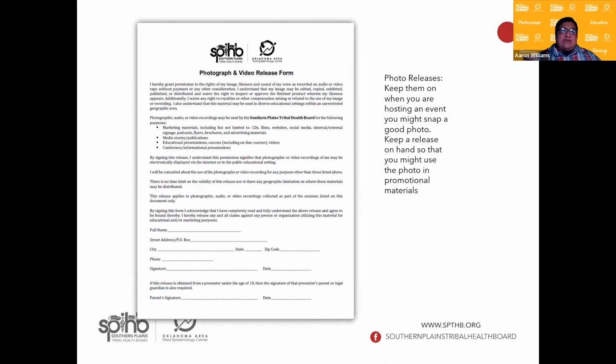You say, oh, it's just standard language saying that we have your permission to use your image and likeness in advertisements and yada yada yada, and just have them sign the bottom part. It simplifies it, because if people start reading it, they'll start thinking, oh, they're trying to scam me or something. So anyways, old trick is just to fold it in half and talk to them about it. But if anybody needs a template, I think this should be added on to some of the materials that I had for the class.